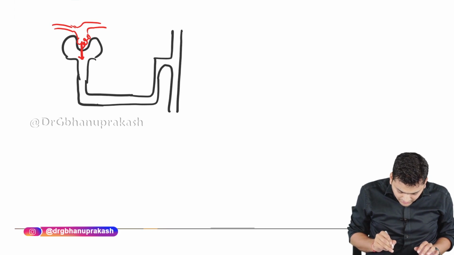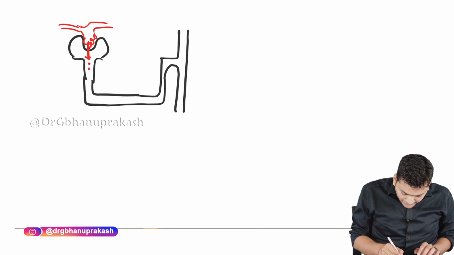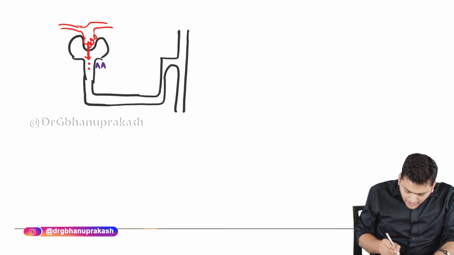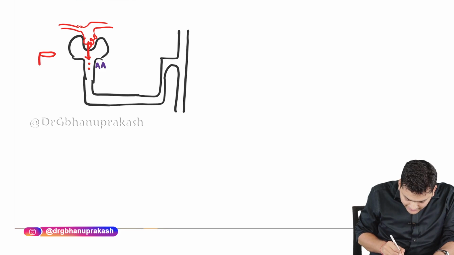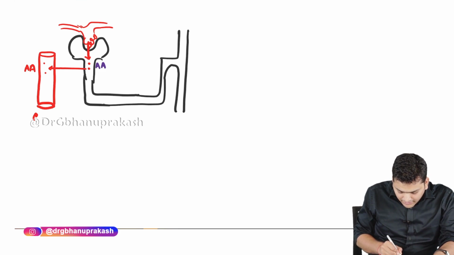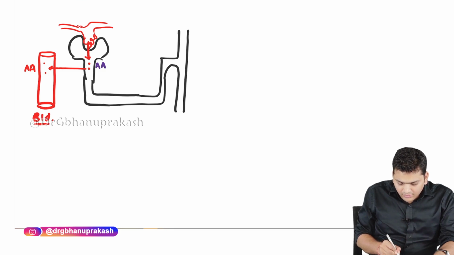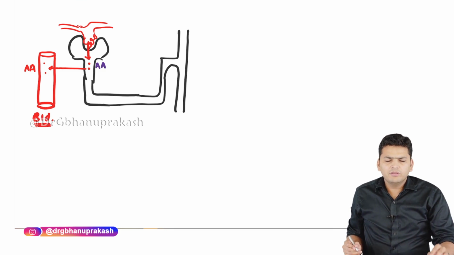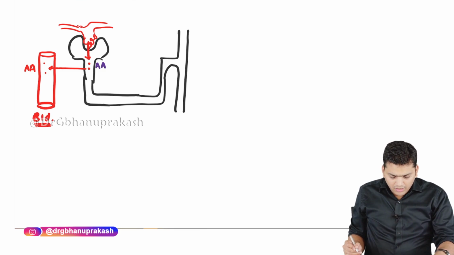Whatever amino acid comes in the filtrate, I am writing AA instead of amino acid. These amino acids are supposed to be absorbed back 100% and sent to the nearby capillary network. So the amino acids are not going to be lost in the urine. This is the normal physiology.